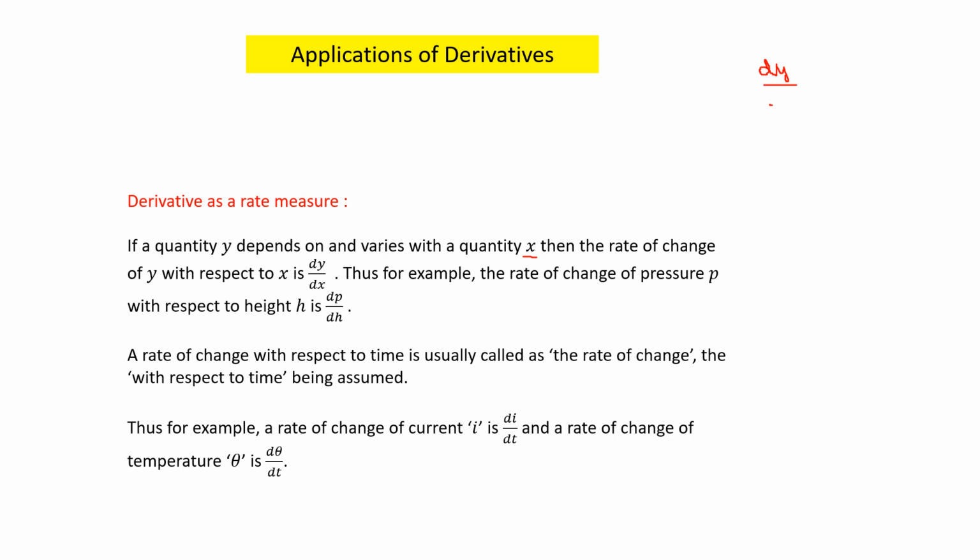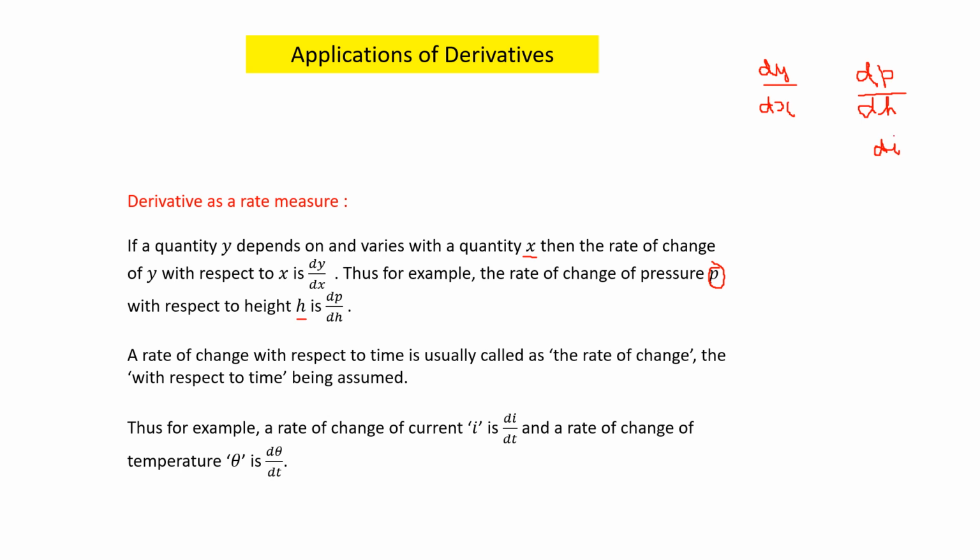So, for example, the rate of change of pressure, let us take the pressure as P, with respect to the height h is denoted by dP by dh, because here we are involving two variables P and h. P stands for pressure and h stands for height. Similarly, the rate of change of current I is denoted by dI.